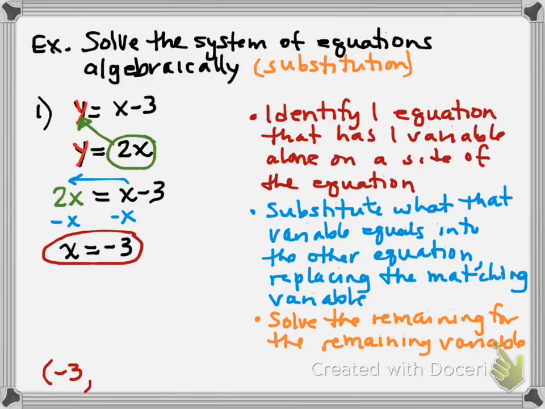I got to make sure I put it in the right spot. Now, my ordered pair needs an x value and a y value. I got the x value, so what do you think I'm going to do to figure out the y value? What would I do, now knowing that x equals -3, if I wanted to figure out what the y coordinate of this solution was going to be? What do you think I would do?